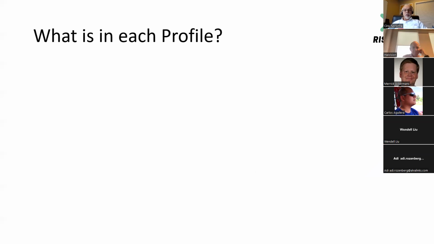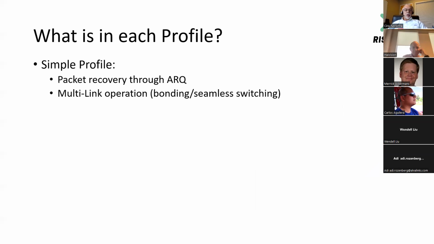So what is this business of Simple, Main and Advanced Profile? Some of you who've been in these presentations probably know this, but let me give a primer, right? Simple Profile gives you packet recovery through ARQ. So that's the basic reliability. It also gives you multi-link operation through bonding or seamless switching.